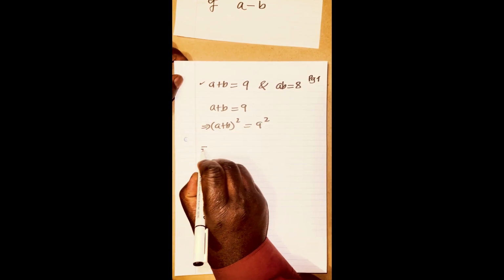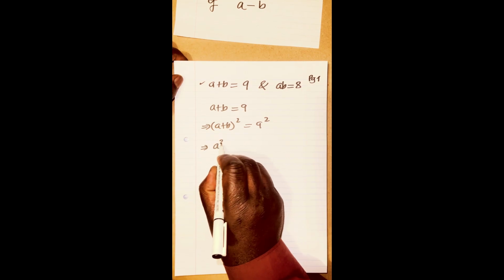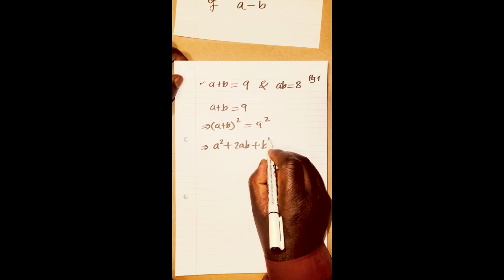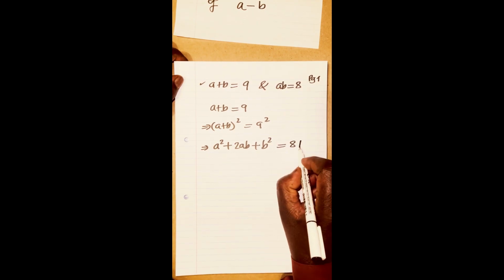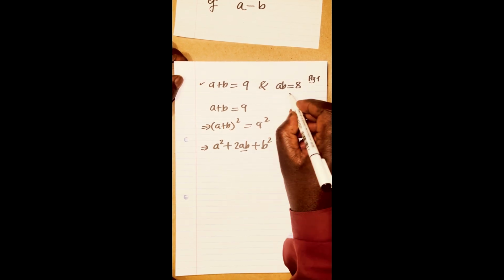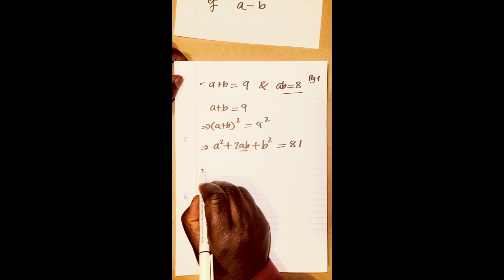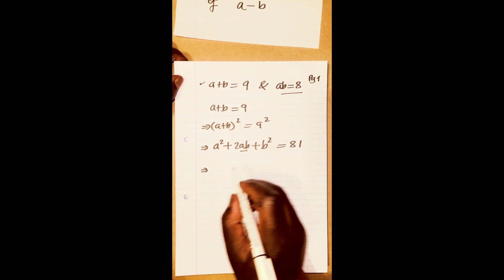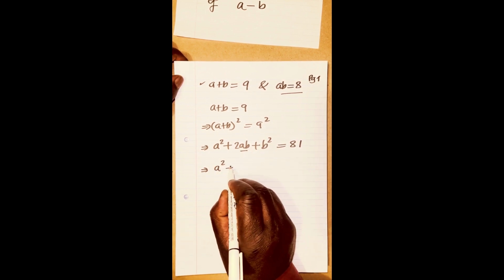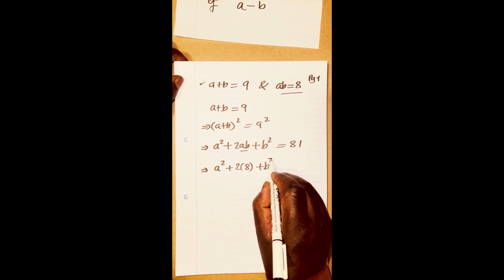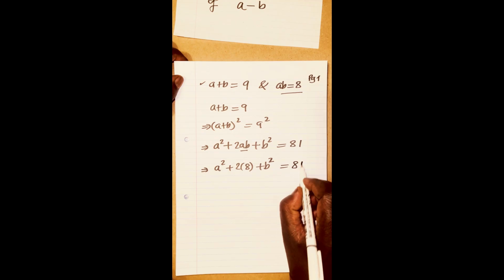On the left hand side, we have a squared plus 2ab plus b squared equals 81. Now notice something. We are told ab is equal to 8, so we can replace ab with 8. So we have a squared plus 2 times 8 plus b squared, and the answer is 81.